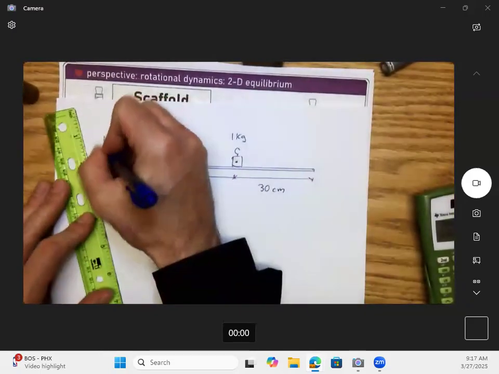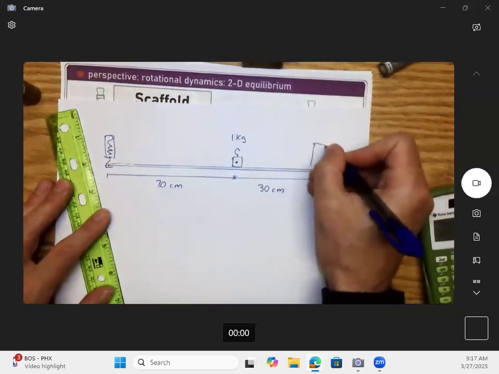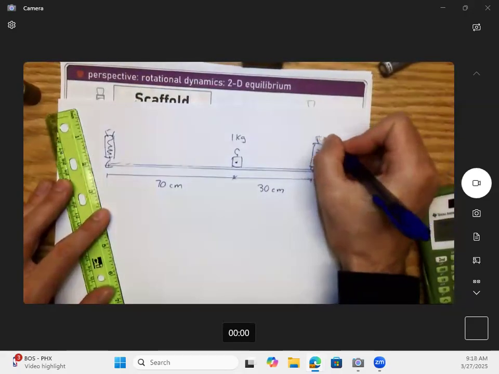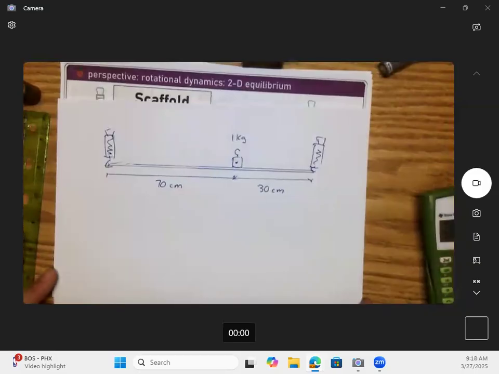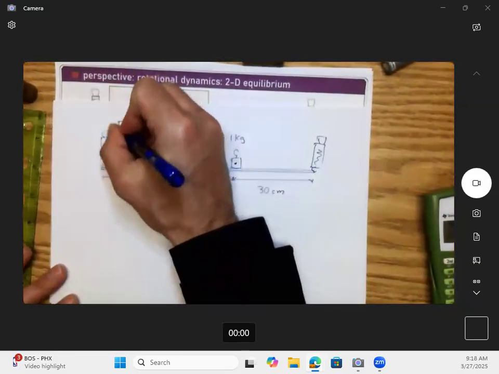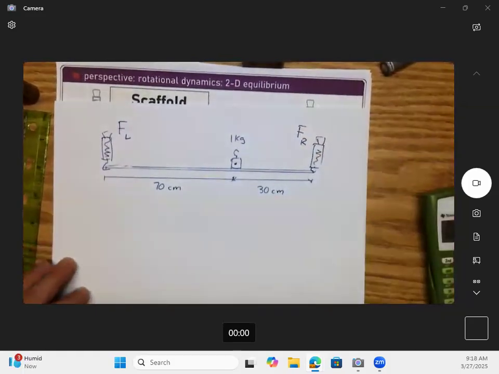And so I've got a couple of spring scales on the end. Spring scale, spring scale. You guys tell me, what are the force readings in those spring scales? I'll call it the force on the left side and the force reading on the right side. So force left and force right. What are those 2 force readings?